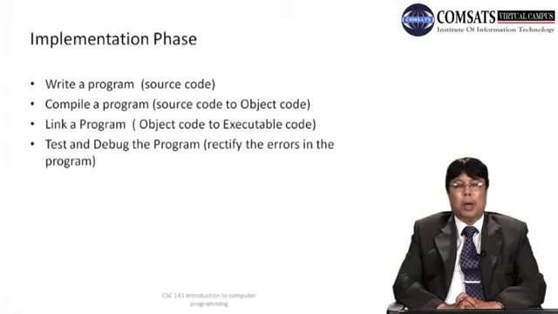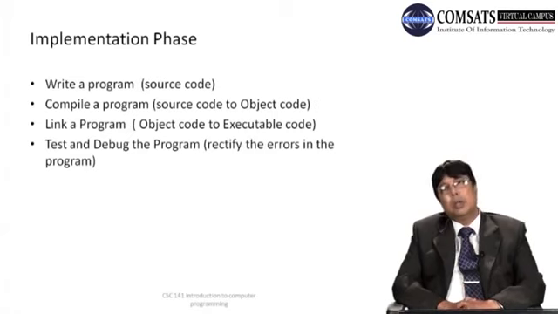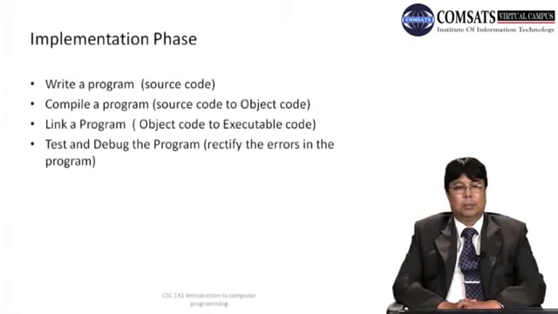Next, compile a program. It converts a source code to an object code. Source code which you and me, human beings, can understand. Object code that the computer can understand. Then link a program converts the object code to executable code.